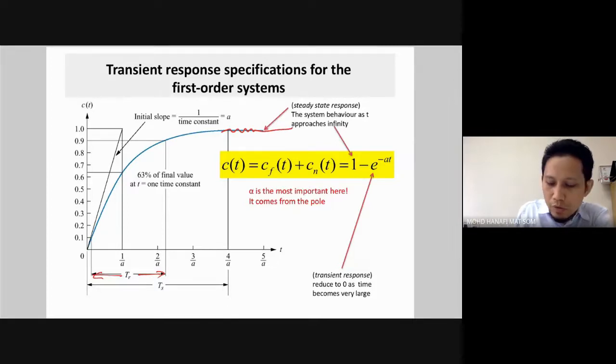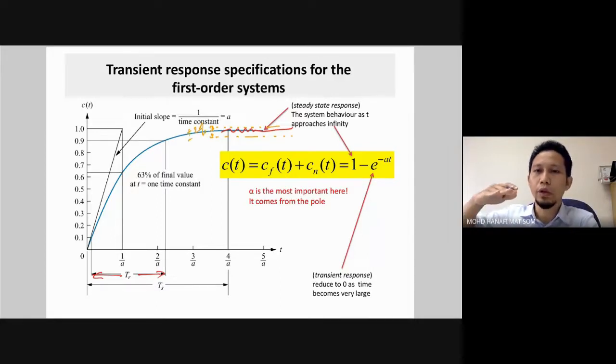So it is between plus minus 2%. Whether it oscillates upwards, plus 2%, or it oscillates downwards, negative 2%. So the settling time is the time taken to reach where the system stays within 2% of its final value.